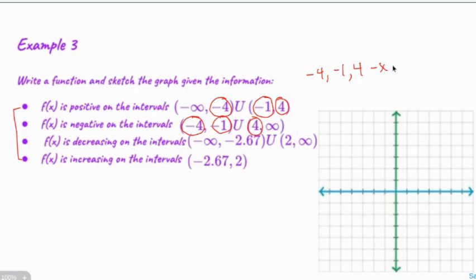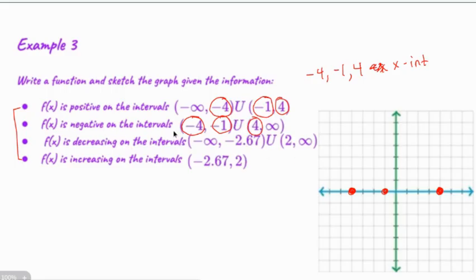These are our x-intercepts. So that means these are the values that we're going to be plotting on the x-axis. So 1, 2, 3, 4. -1 and 1, 2, 3, 4.